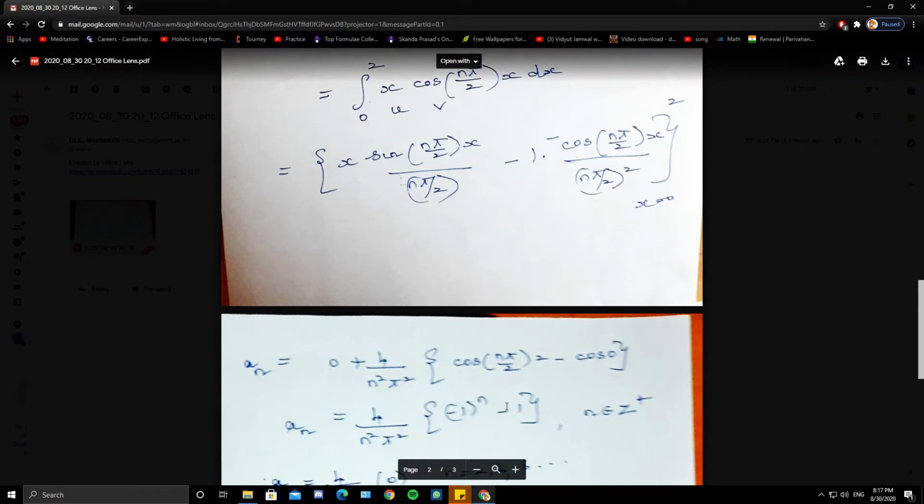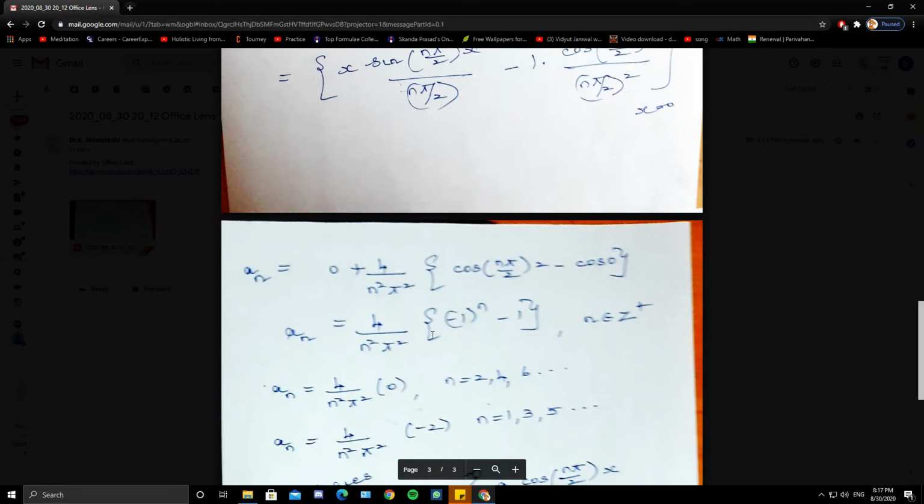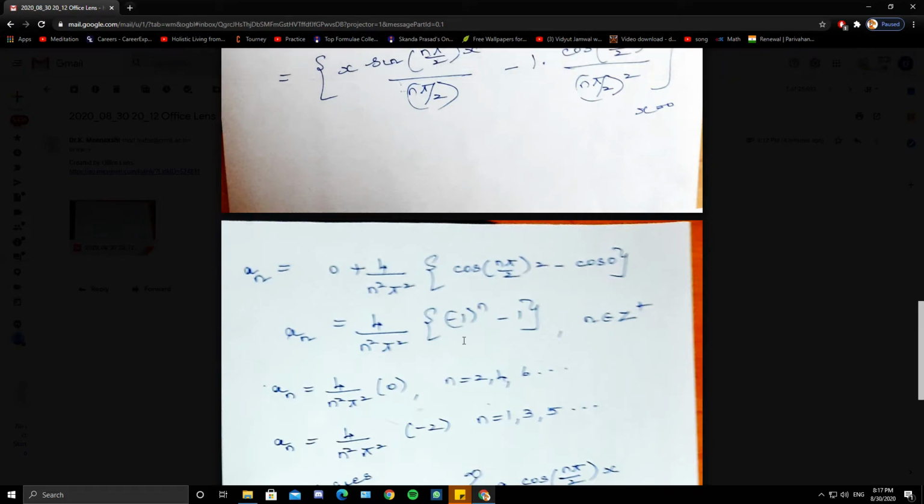So it is 4 times minus 1 whole power n minus 1 by n square pi square, where n is a positive integer. I have told you many times, whenever you have minus 1 whole power n plus or minus 1, you should discuss the odd and even cases.